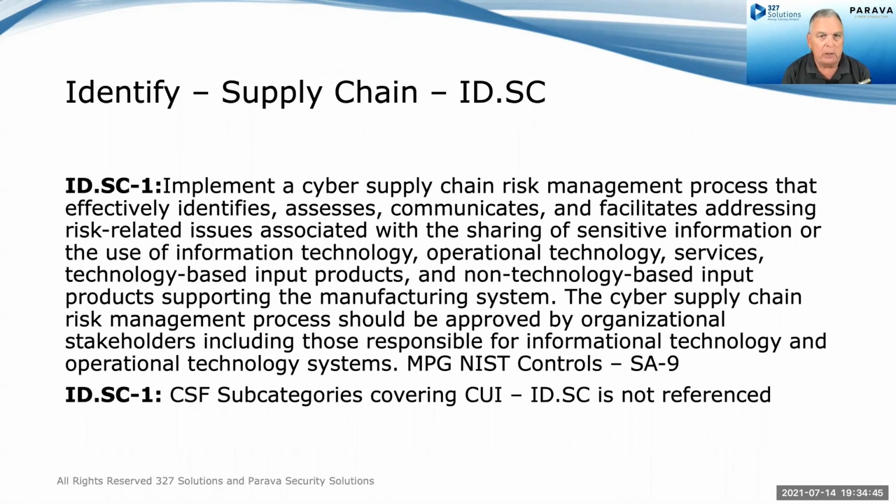The cyber supply chain risk management process needs to be approved by organizational stakeholders, including those responsible for information security and operational technology systems. Supply chain is not referenced in 800-171.